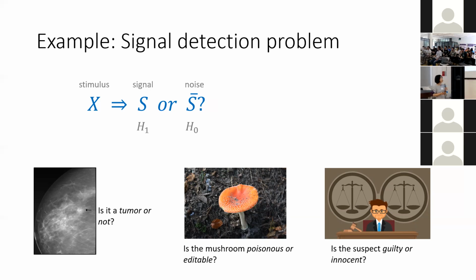As you know, many problems in our life can be framed as signal versus noise, or just a binary choice. You see a stimulus and you're trying to detect whether it's a signal or noise. It could vary in very different forms. Like for a doctor or radiologist reading a CT scan, the doctor would wonder, is this a tumor or not?